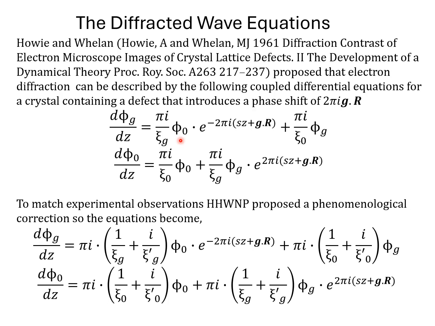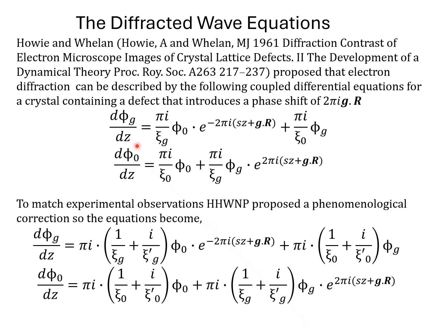And when there's a maximum amount of intensity which is scattered from the direct wave, we've actually traveled half of an extinction distance. So this extinction distance is a measure of how far the electron travels before it's completely being scattered into some other feature. But then it comes back because of the coupling with the diffracted beam.